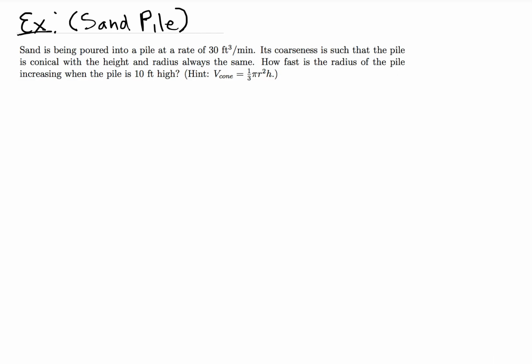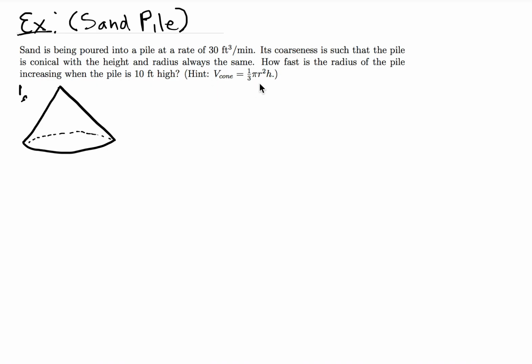So, step 1, we said, draw my picture. Try to label stuff. I have some sort of conical pile here. So I've got a cone. Let's go ahead and act like this thing is a 3D object here. Most of the key variables that you'll see popping up here are going to be in the equation that I hinted at, which will link everything.